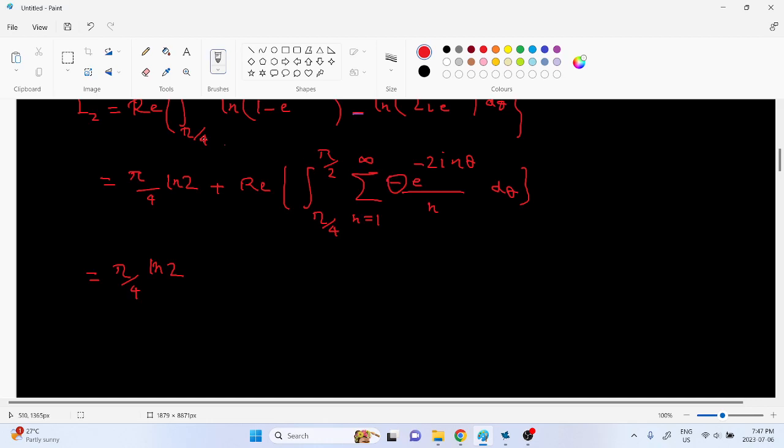I can pull this minus sign out, so we have minus the real part, and I'm going to swap the order of summation and integration. Running from 1 to infinity, we have that 1 over n, and then the integral from pi by 4 to pi by 2 of e to the negative 2i n theta d theta.